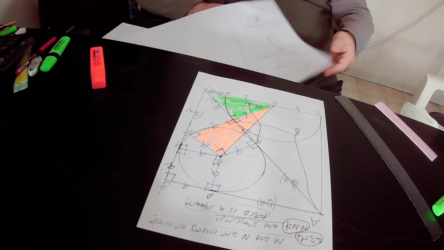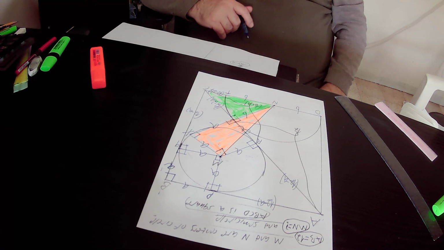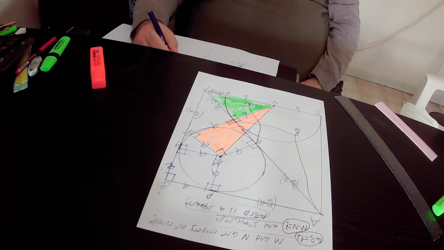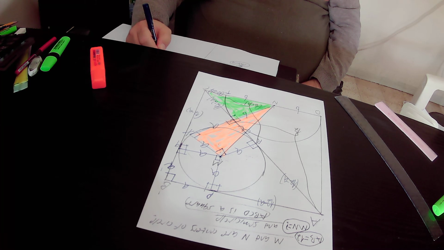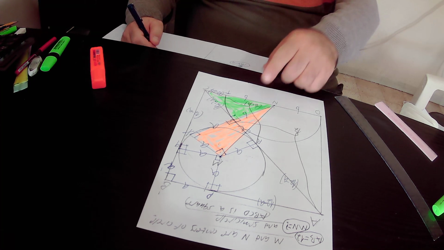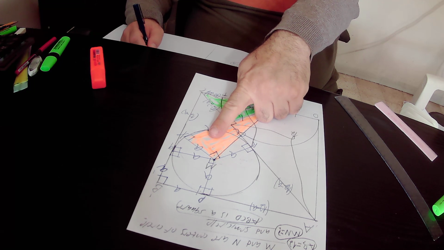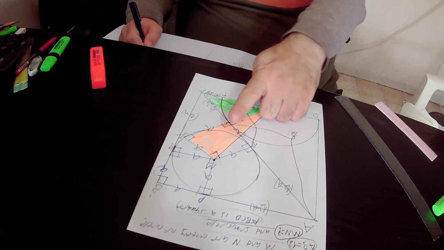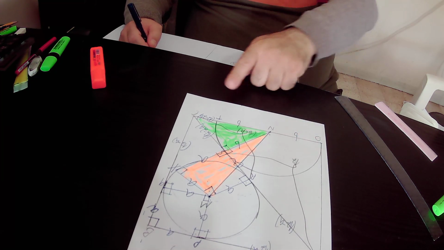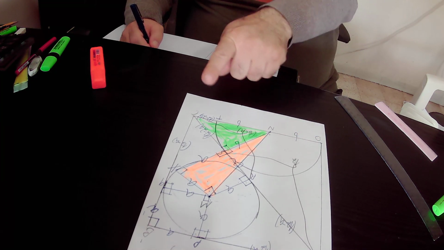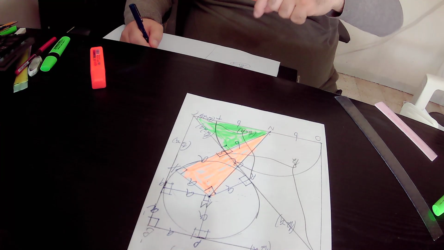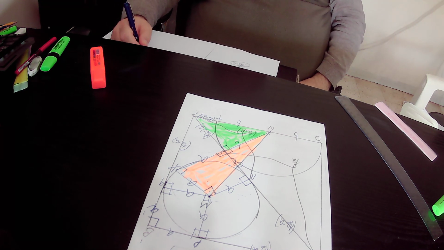MN is the missing variable, the variable that we are looking for in this question, so we leave it as it is. MN squared equals MX squared. MX is A, so MX squared is A squared, plus NX squared. NX is equal to A plus B, so NX squared will be equal to A plus B squared.